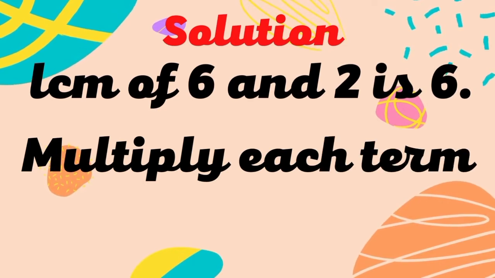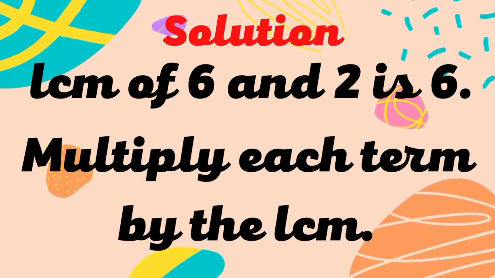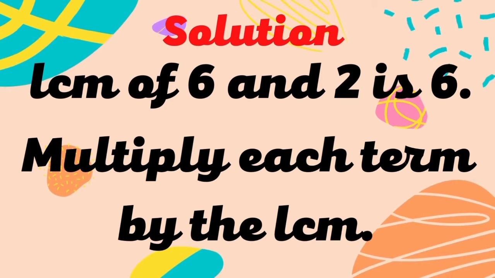Once you have gotten the LCM, use it to multiply each term of the equation. So you are going to multiply your n by 6, you are going to multiply your n over 6 by 6, then you also multiply 5 over 2 by 6.